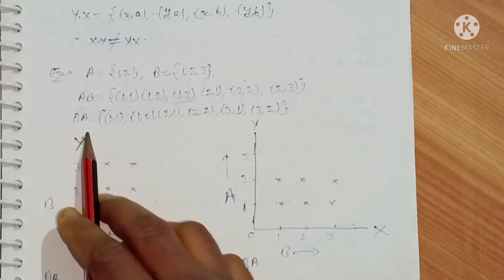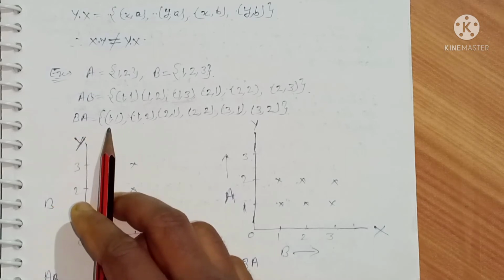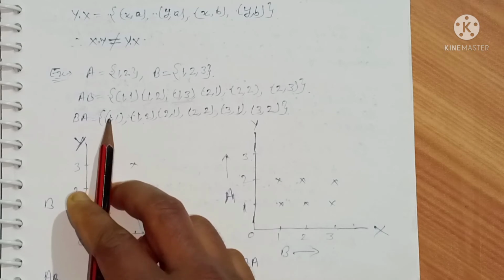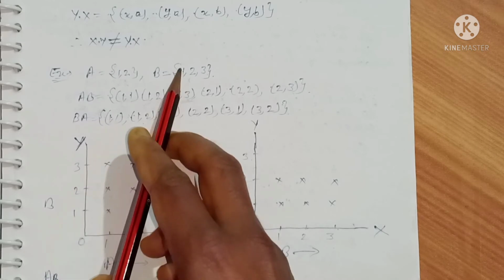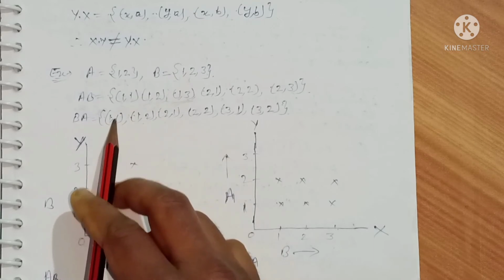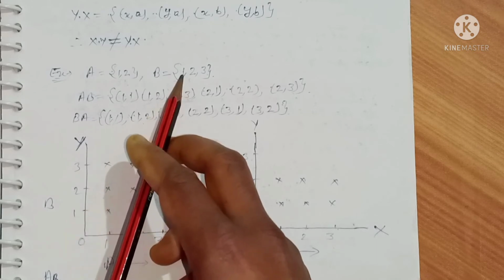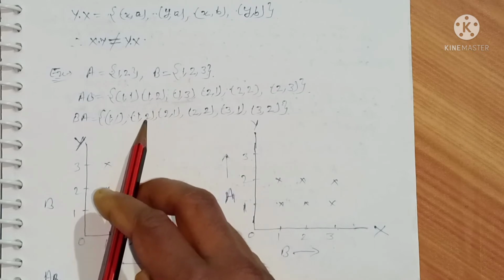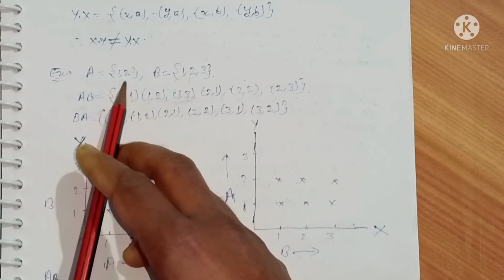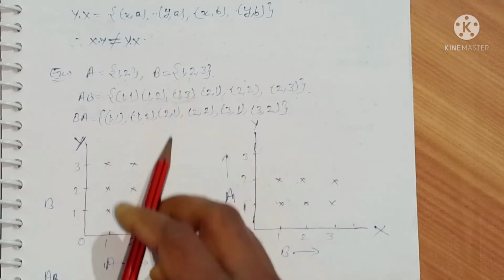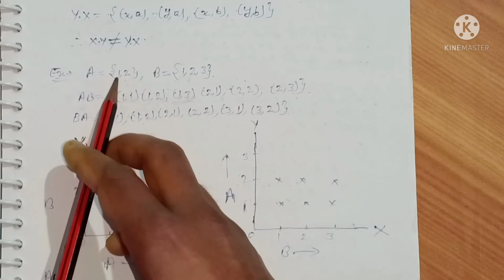Cartesian product BA means we have to write the first element from set B and the second element from set A. So here, the first one belongs to set B, and the second one belongs to set A. In the second pair, the first element belongs to set B and the second belongs to set A. In the third one, likewise.